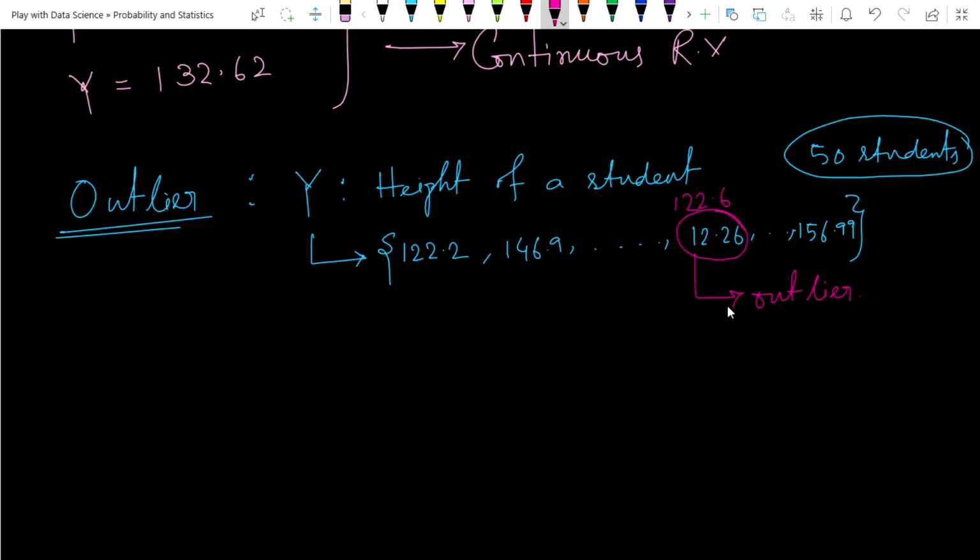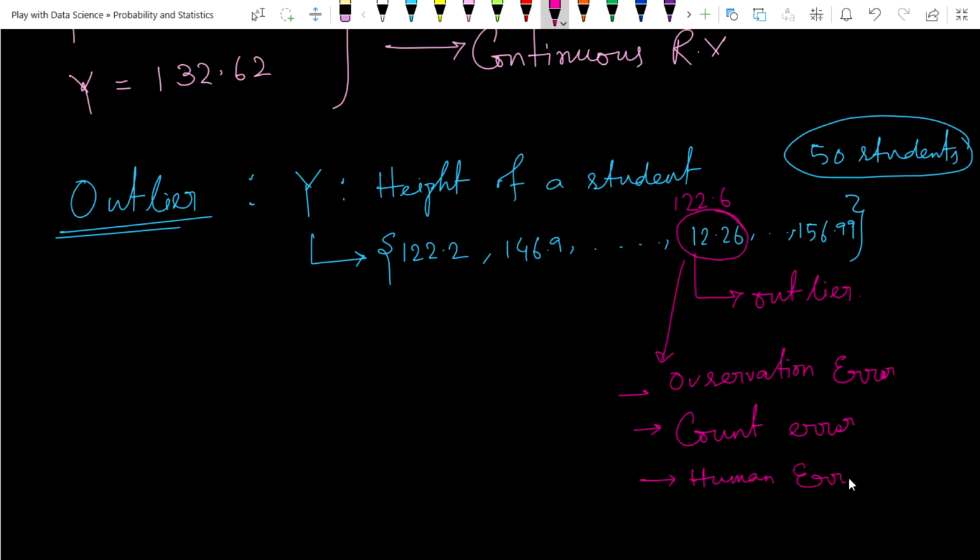So this kind of outlier may occur because of some observation error, it may be a count error, it may be a human error. There are various kinds of errors. Because of these errors, our data sets have some outliers.